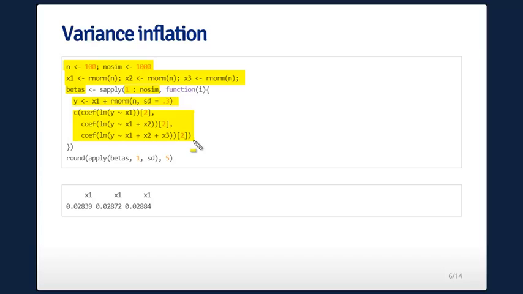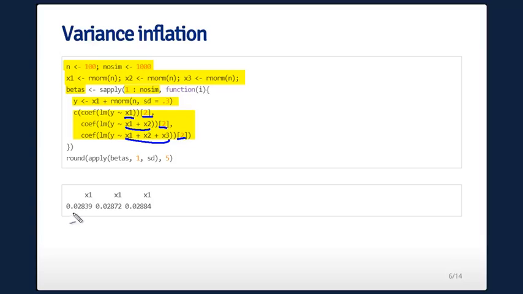Then I'm going to fit three regression models, one that includes only x1, one that includes x1 and x2, and one that includes x1, x2, and x3, and in each case I'm going to grab the coefficient for x1. So what have I done? I've repeatedly simulated from the regression model, and I've gotten the beta 1 coefficient. And so I'm going to look at that distribution, and the standard deviation of that distribution is the population standard error of beta 1. Okay?